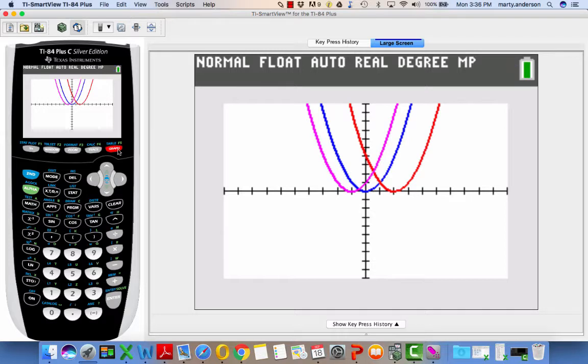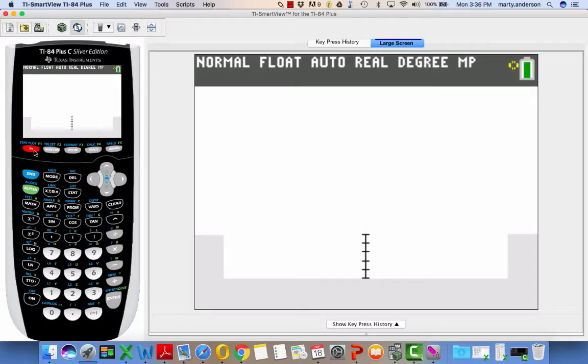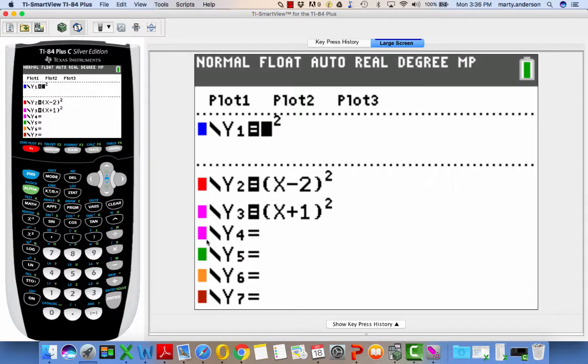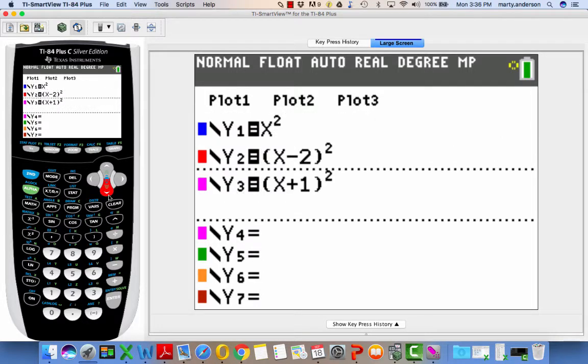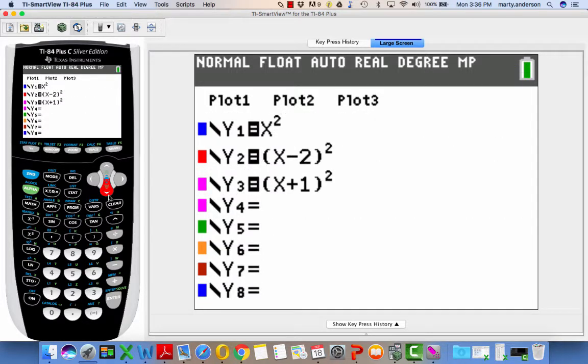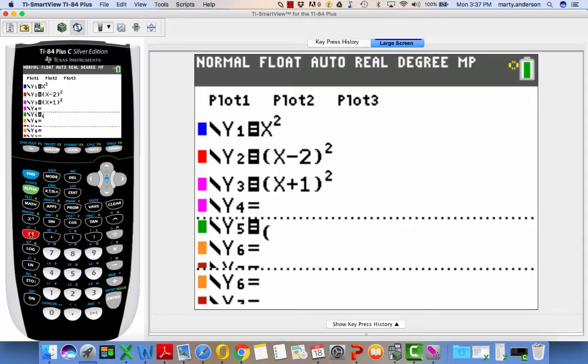And that went 1 to the left, which leads me to believe if we go down to the green one, and we do x plus 4 squared, we'll be able to look at the graph.